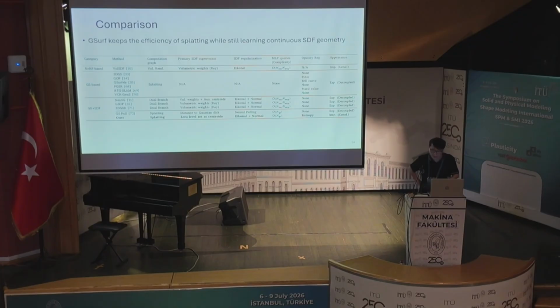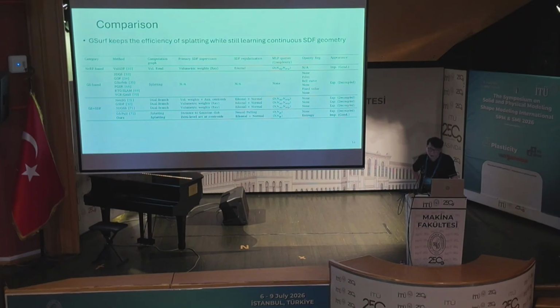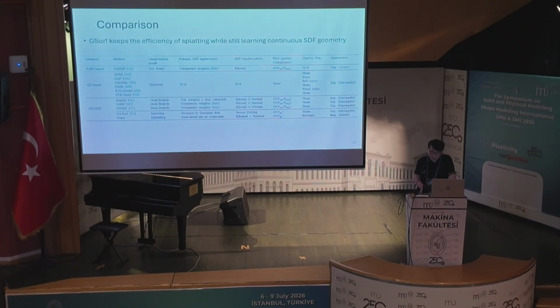So our time complexity is proportional to the number of Gaussians, and from the results we observe that the number of Gaussians is small. The message here is that GSurf is able to keep the efficiency of splatting while still learning continuous SDF geometry effectively.